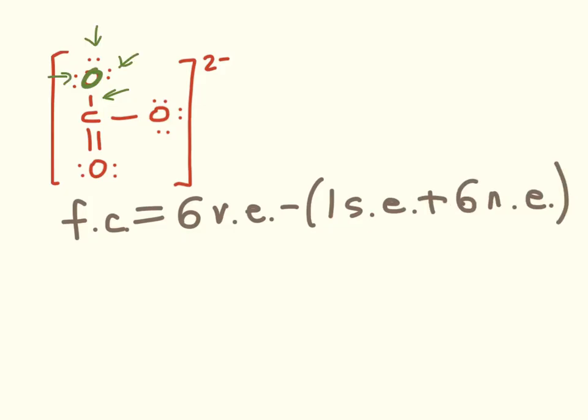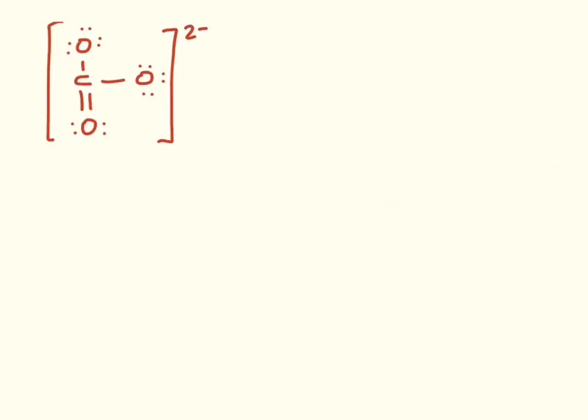Therefore, formal charge equals 6 valence electrons minus 7 electrons. That means it has a formal charge of -1. For the second oxygen here, we will apply the same formula, and by doing so, we will determine that that oxygen also has a formal charge of -1.